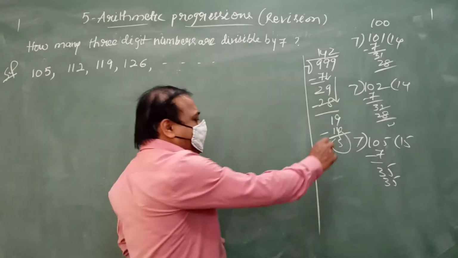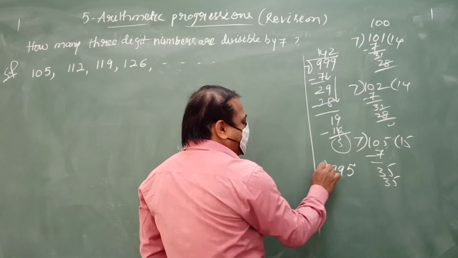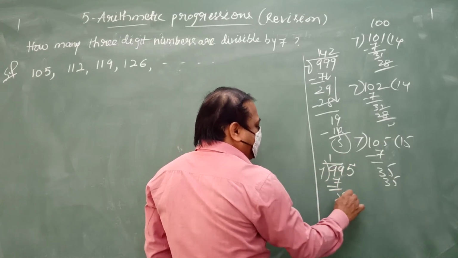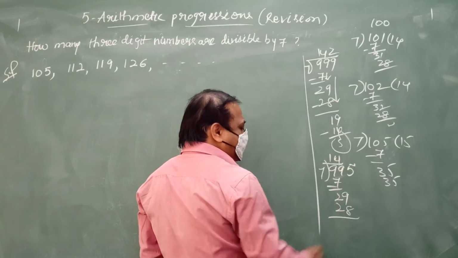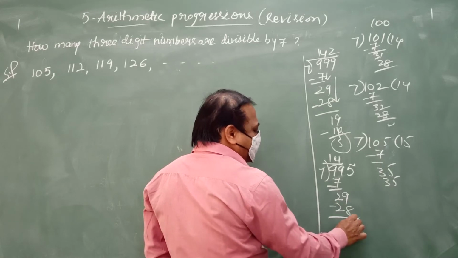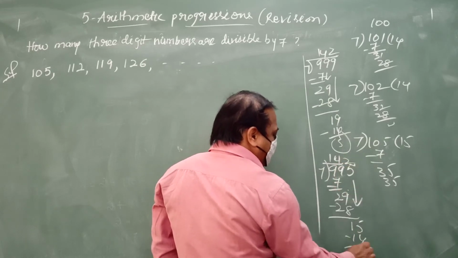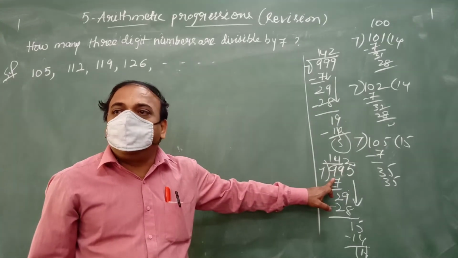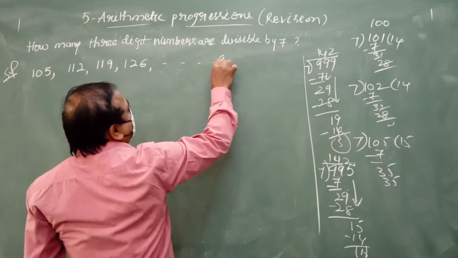We'll check 995. 7 table. 7 ones are 7, minus 2 9. 7 fours are 28. Then minus, this is 1 5. 7 twos are 14. 1 is the remainder. That means which number could be divisible? 994. So the last number is 994.